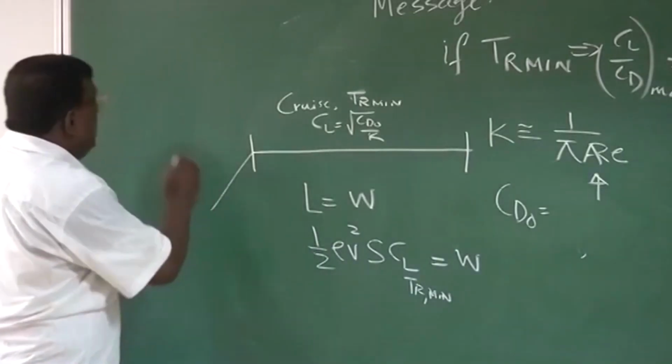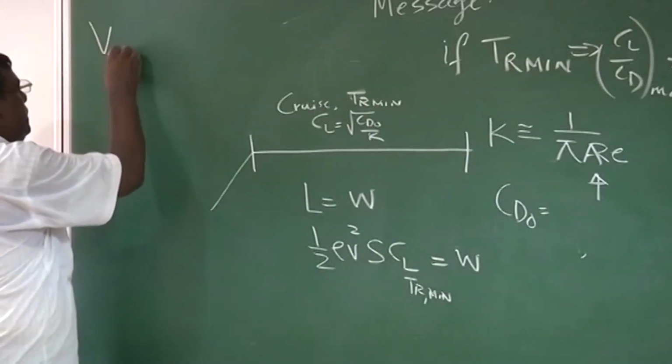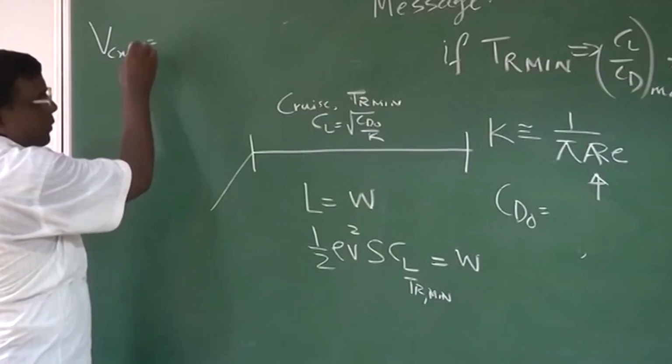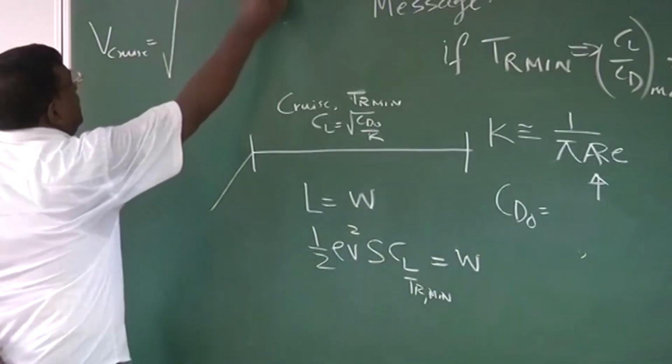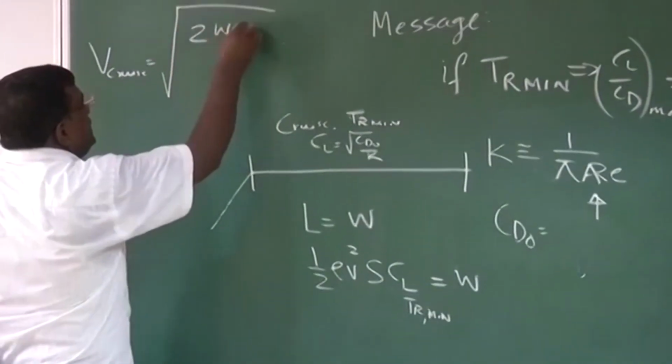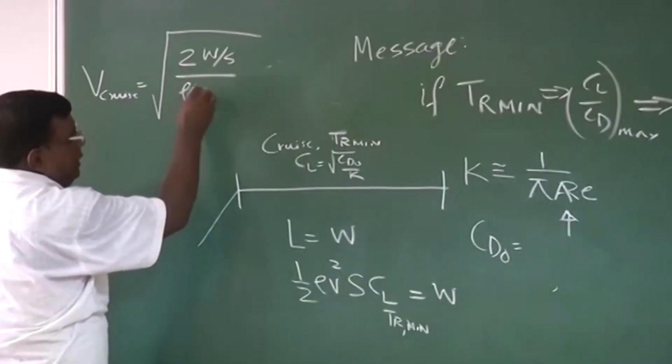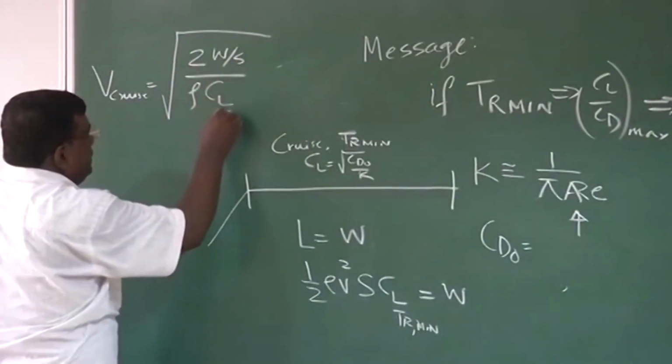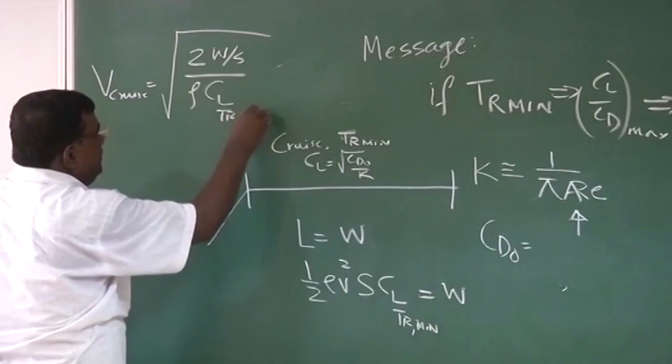So from here I can write V cruise will be equal to square root of 2 W by S by rho CL for thrust required minimum.